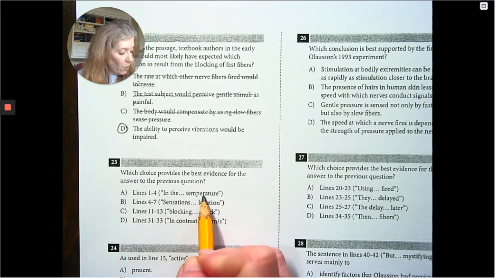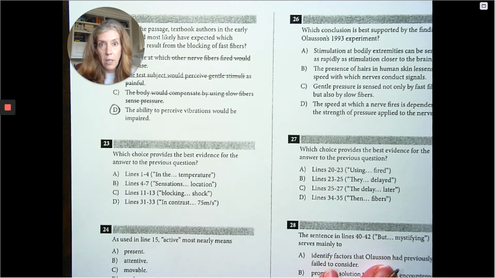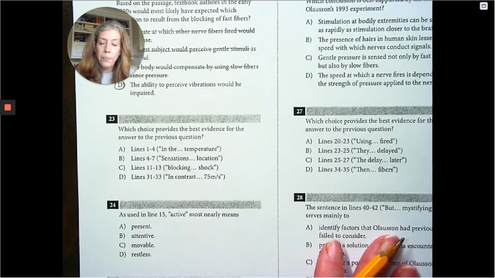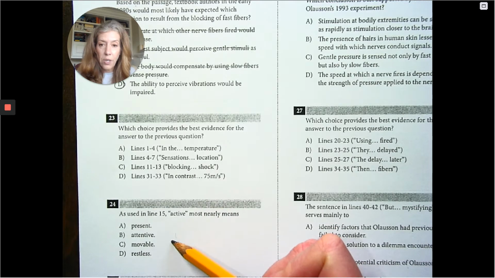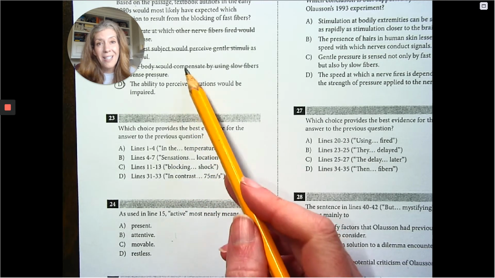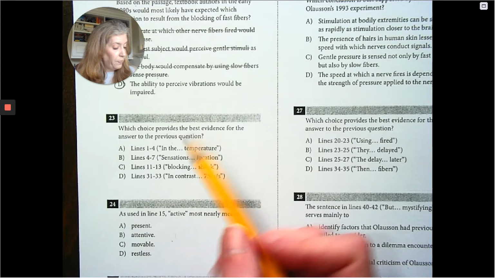Which choice provides the best evidence for this? Lines 1 through 4 or 4 to 7. Again, because we know a little bit about the question order rule, we can see that the next question is coming from line 15. And we're only in the second question of this set of questions in this third reading.